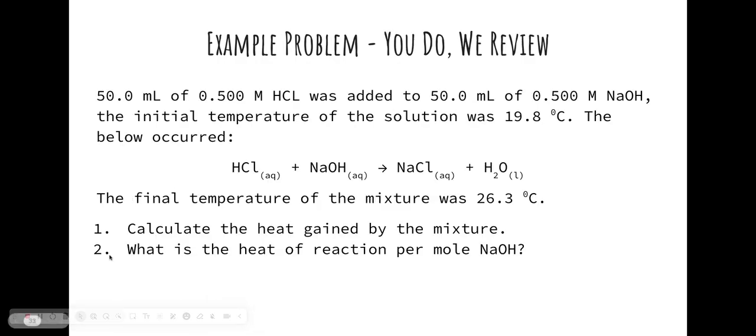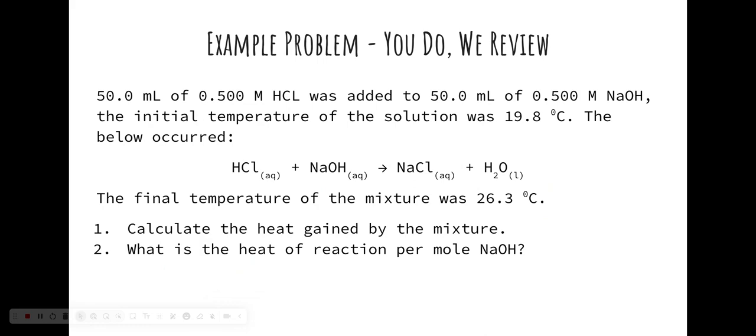And we've got this problem, which says 50 milliliters of 0.5 molar HCl was added to 50 mL of 0.5 molar NaOH. The initial temperature of the solution is 19.8 degrees Celsius. The reaction occurred as stated below. So HCl reacted with NaOH to form salt plus water.